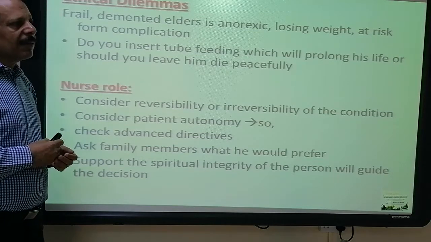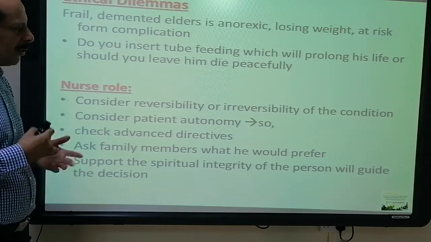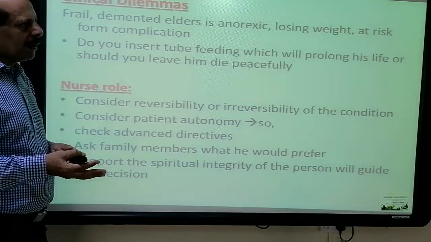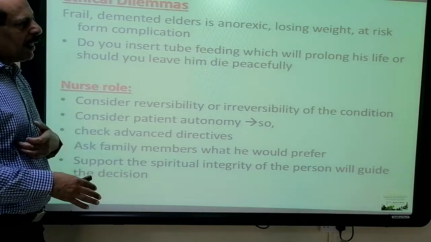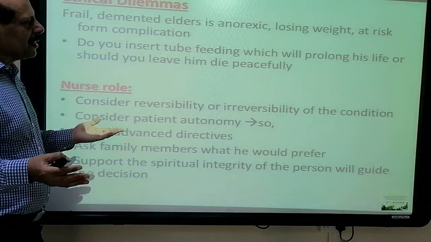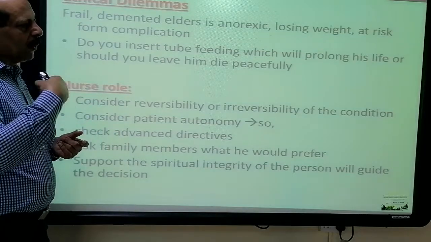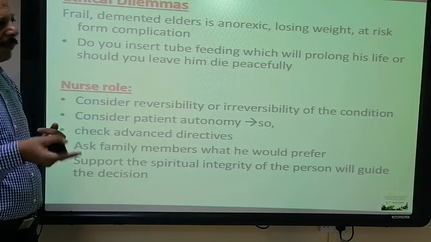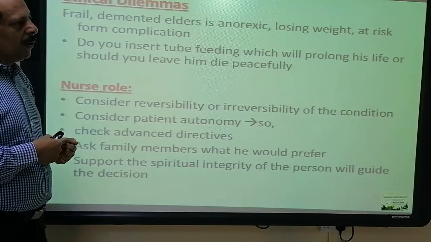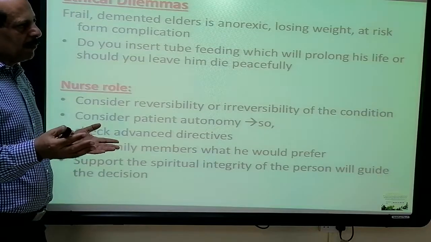The client might have anorexia, losing weight and unable to take food, but in this case there are sometimes dilemmas. Do we have to insert a nasogastric tube and give them the feed, or let them die peacefully?